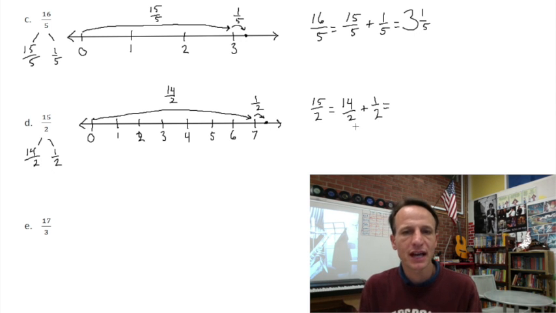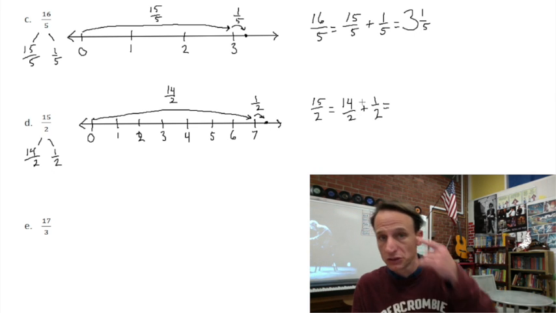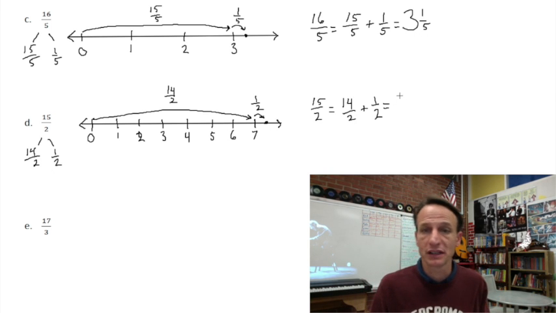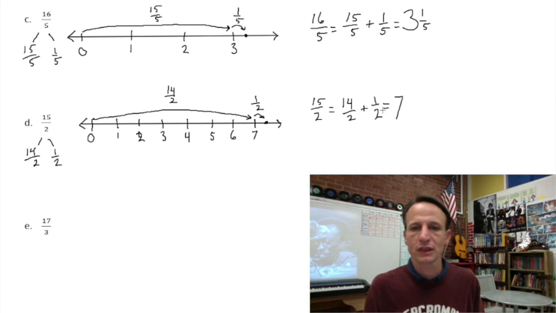Because 14 halves is equal to a nice pretty little whole number. 2, 4, 6, 8, 10, 12, 14 halves is 7. And a little way to mentally check yourself, 14 divided by 2 is 7. And that's not just coincidence, that's the math of it. Fractions actually do express division in ratios. So it's 7 and 1/2.